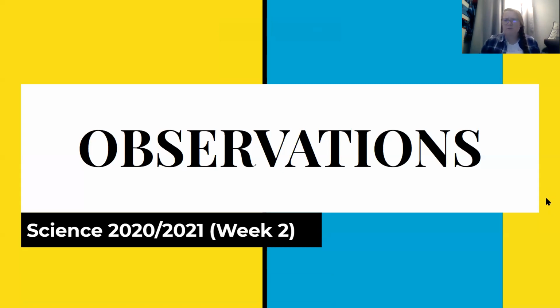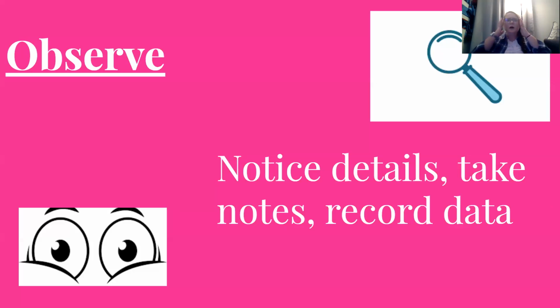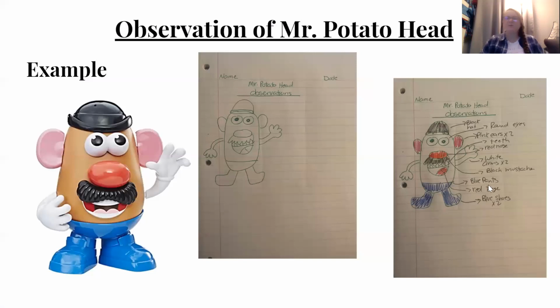So we talked about observations, and we were observing a Mr. Potato Head and talking about how to observe, we notice details and we take notes and we record data. And we talked about how important it is for us to be really detailed in our note taking. So that's why on our Mr. Potato Head, we drew him the best we could, made him look exactly like the picture that we have over here, and we labeled what color his things were, how many there were, and where they were.